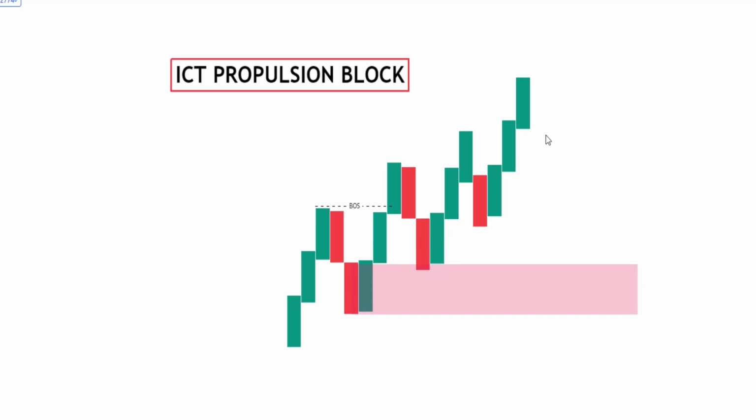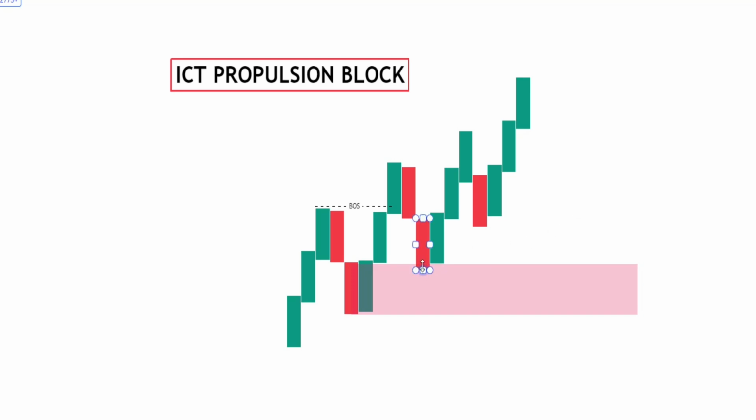So you're going to see this on the chart once I get to the chart. So this candle is what we call a propulsion block, this particular red candle that traded into this bullish order block right here, okay? If I go to the chart, you're going to understand it better.